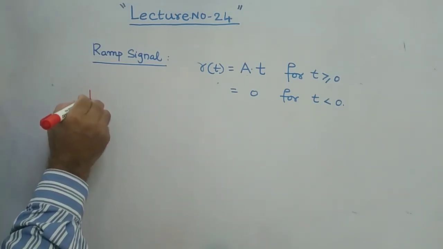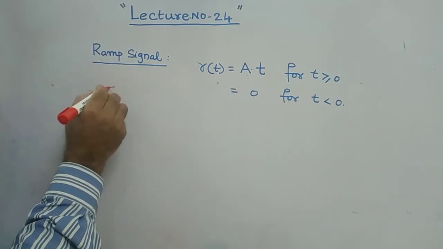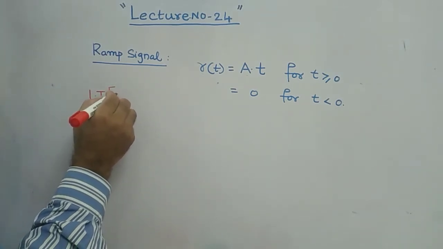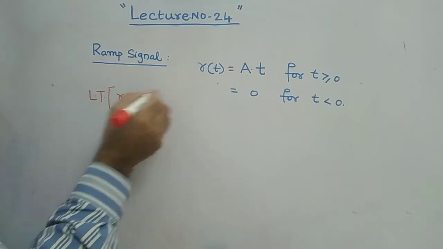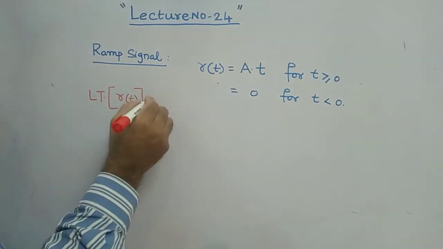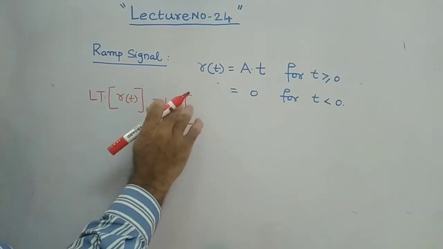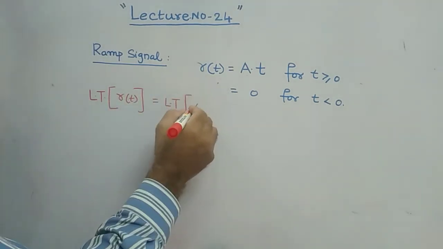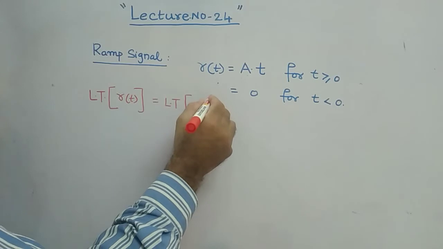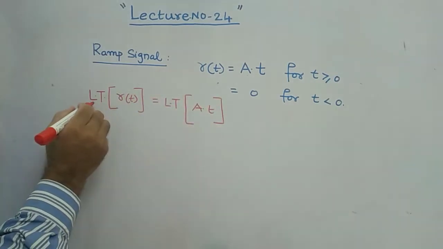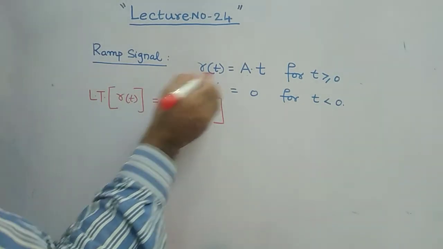So the Laplace transformation of r of t, what is r of t? It is a into t. Clear? I am finding the Laplace transformation of the input r of t.